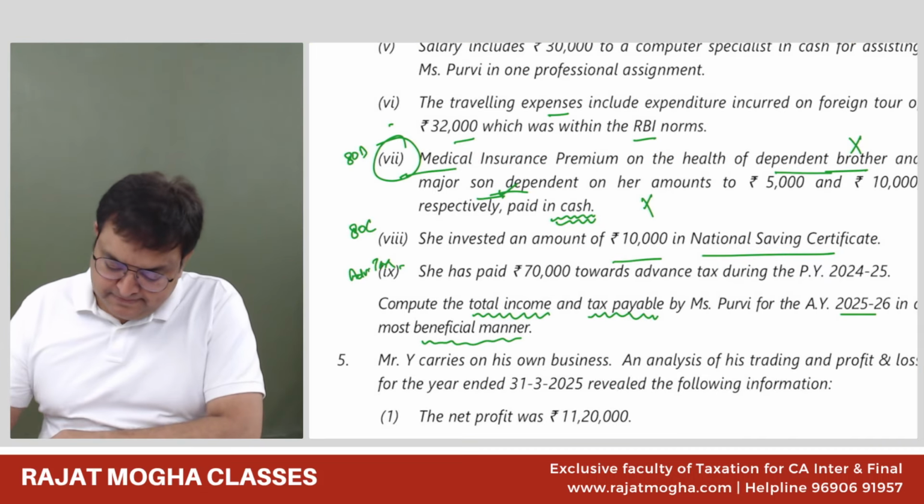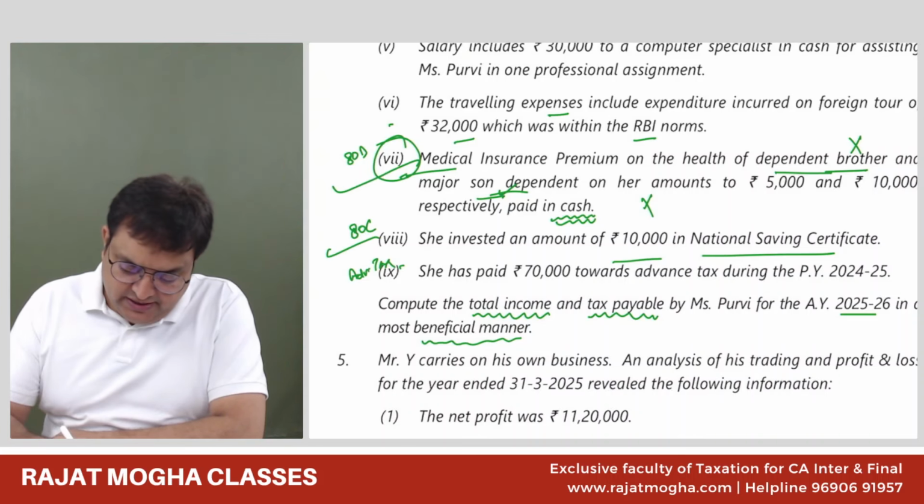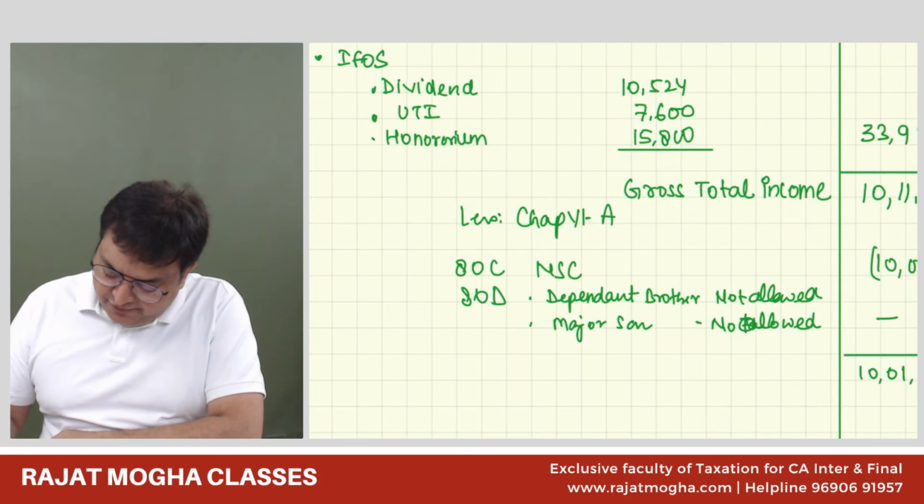Okay. 80D, 80C, advance tax that we'll be computing later. So this is the deduction we have. 10,01,944 is my GTI, sorry, total income.